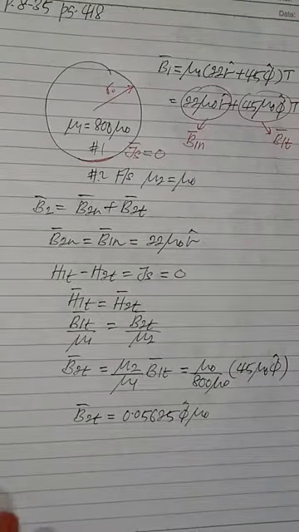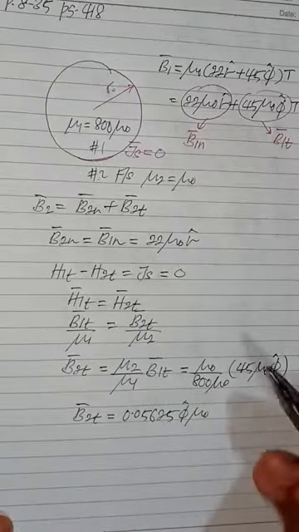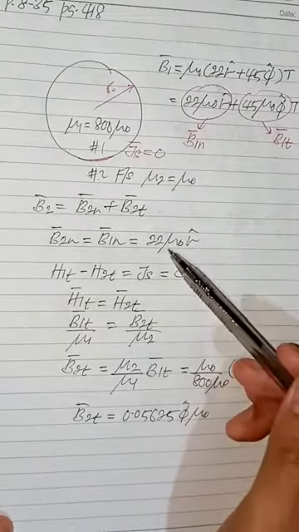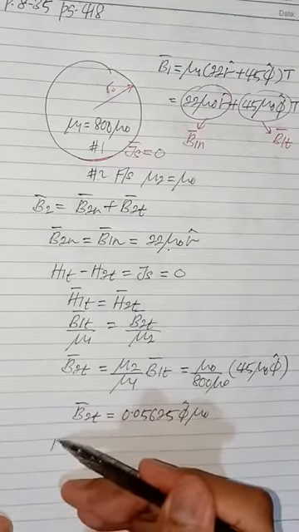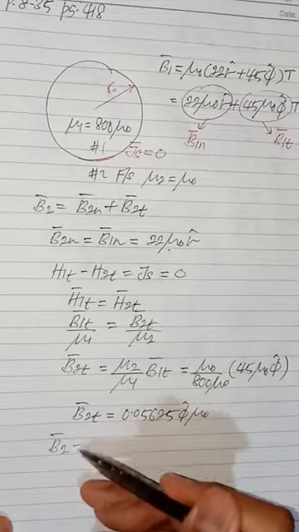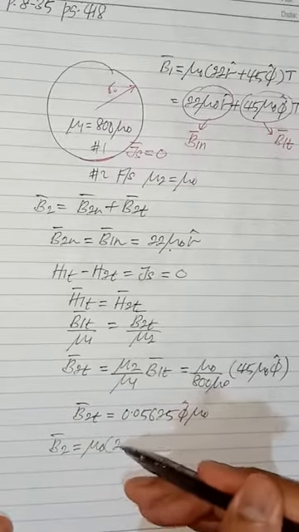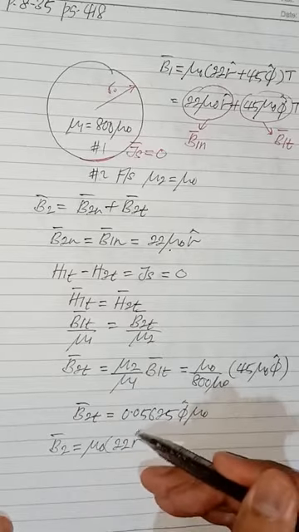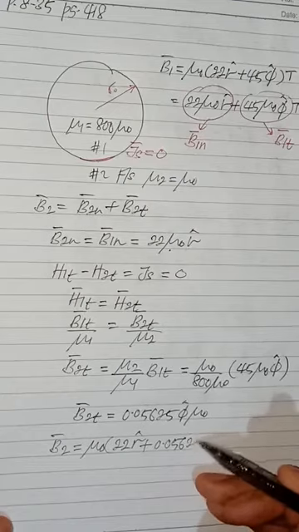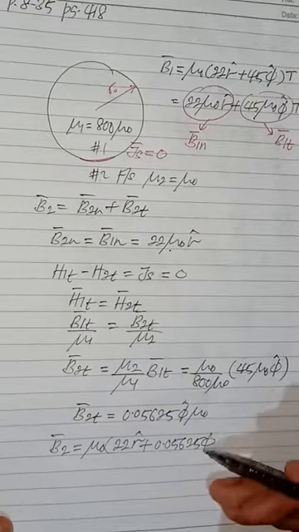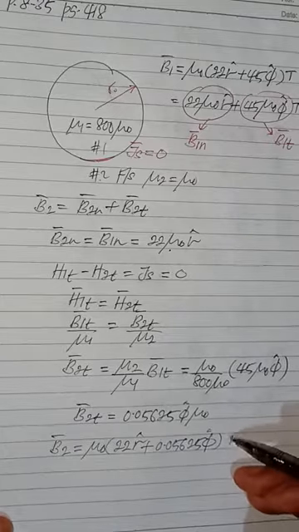To find the complete expression of B2, we just combine B2n obtained earlier and this B2t. So B2 is equal to, factorizing mu naught, 22 r component plus 0.05625 phi component, in units of Tesla.